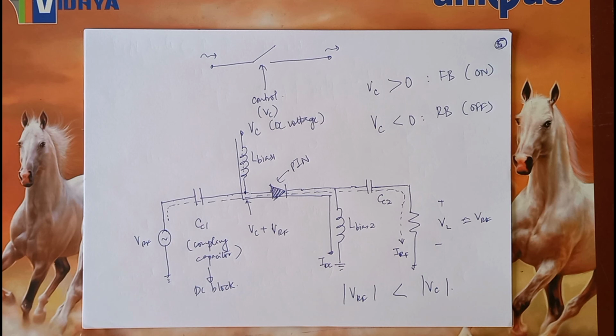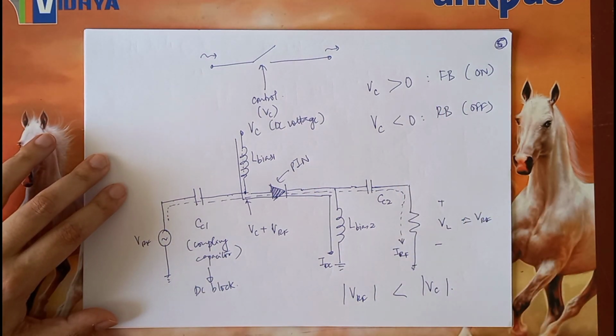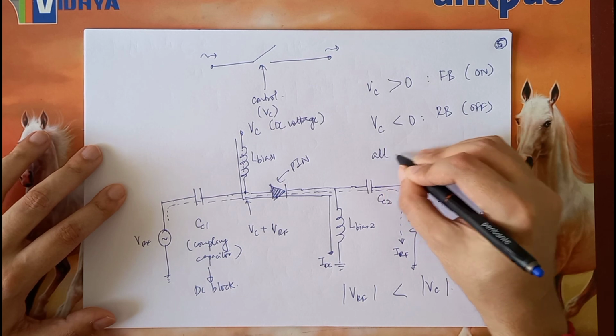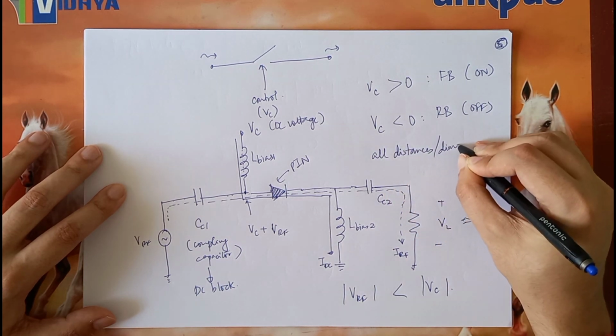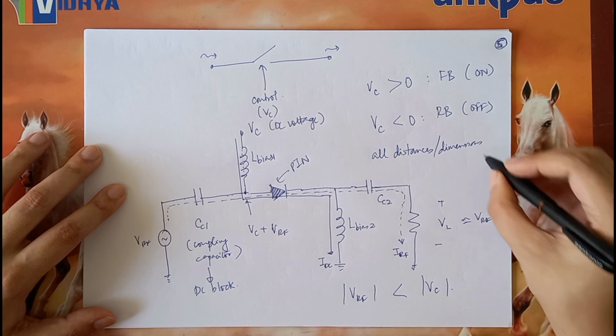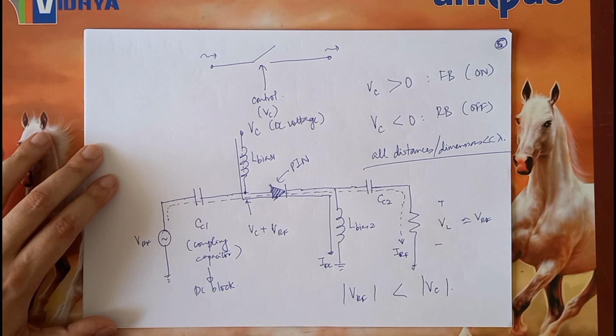Other thing to keep in mind, no matter how I have drawn the circuit, the assumption is that the sizes of the components and the wires are all less than lambda. They are not just less, they are much less than lambda. Because if they are not, then the transmission line elements will come into picture.